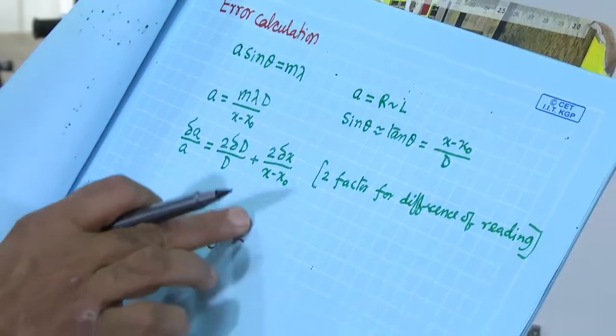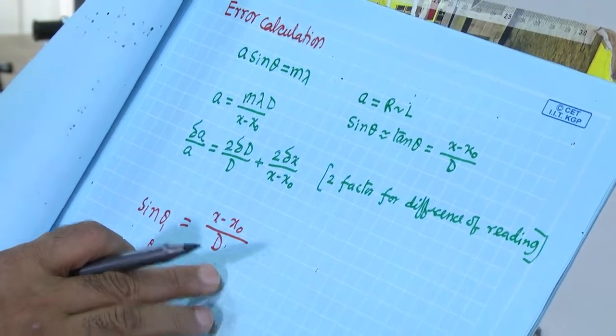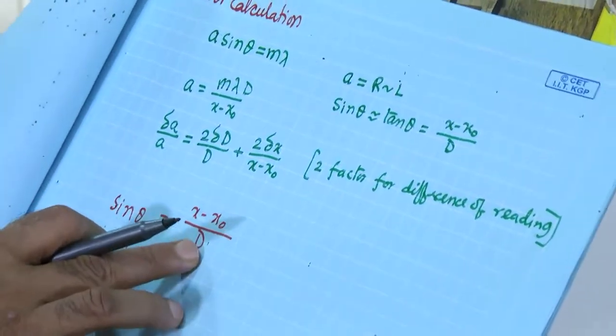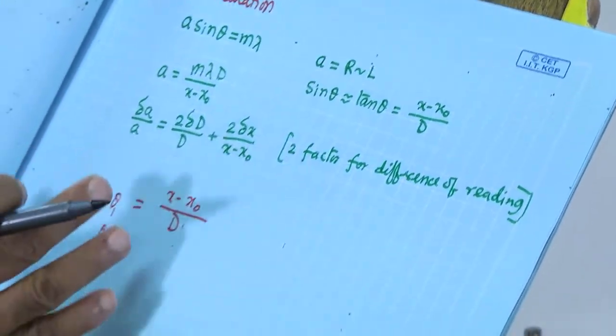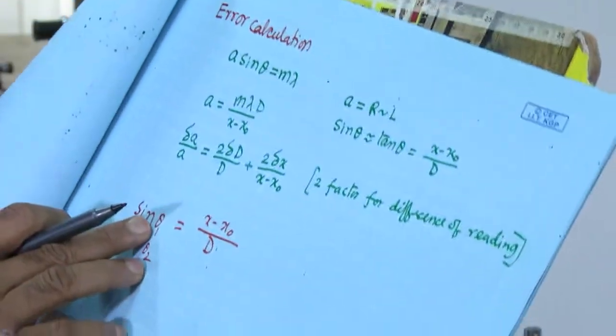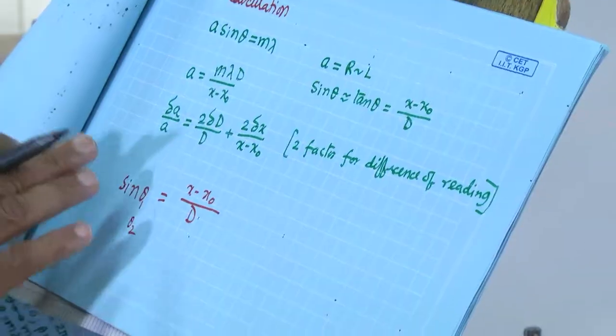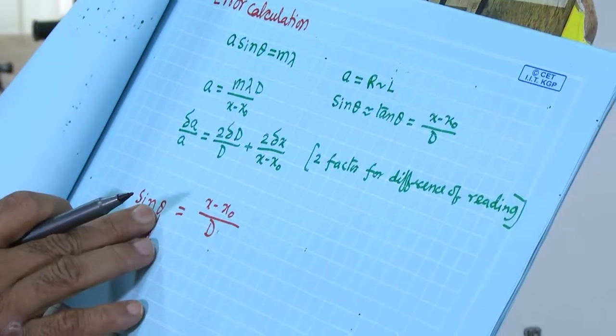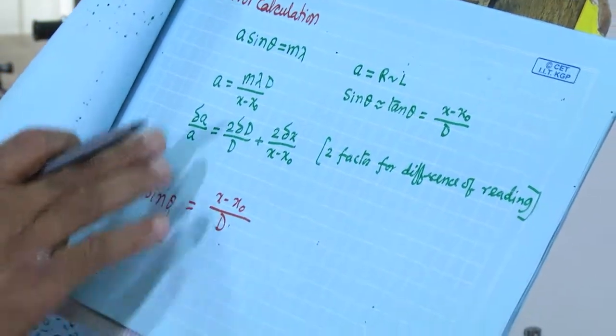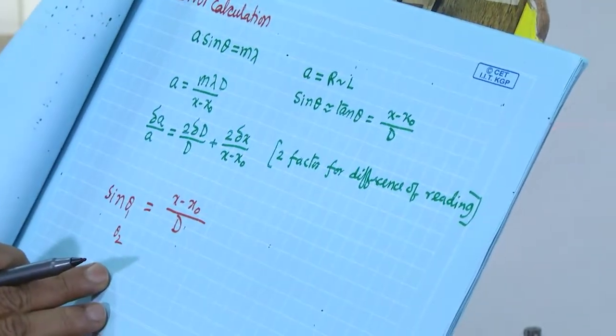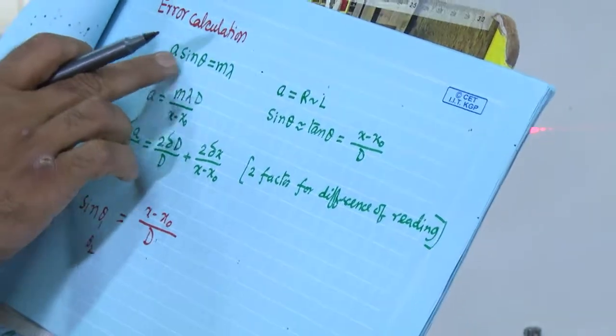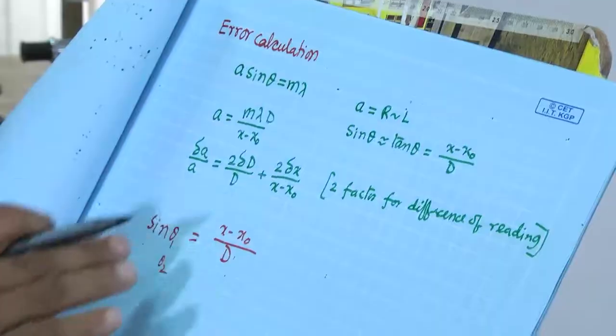But theta you cannot change, because of the position of the screen. That theta is defined by the slit width and the diffracted angle.